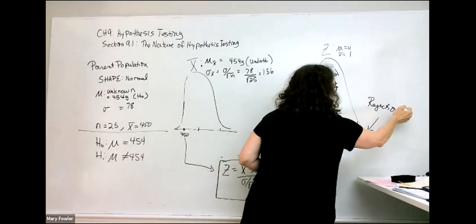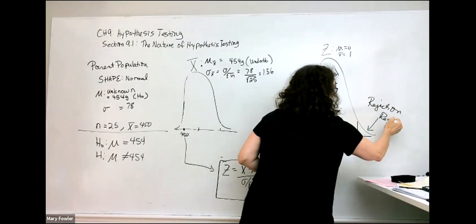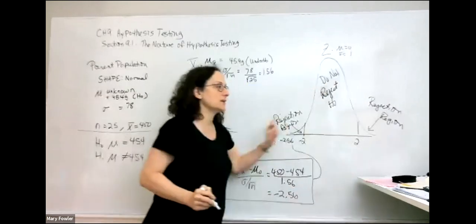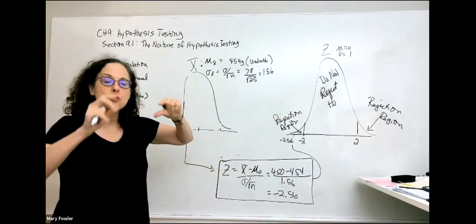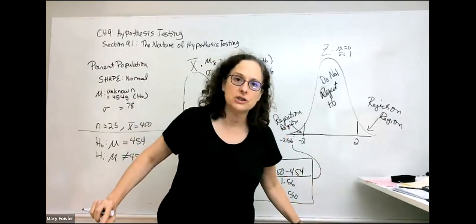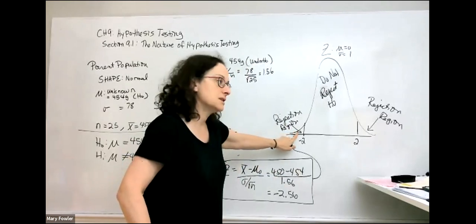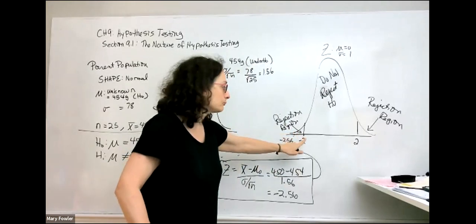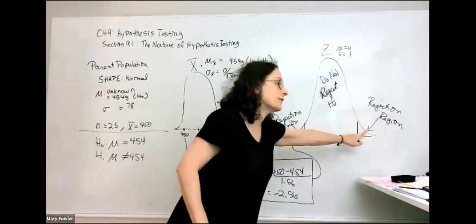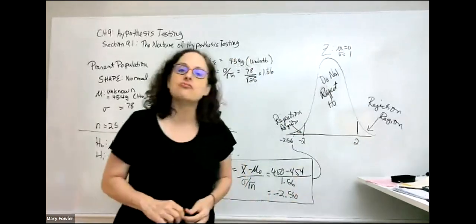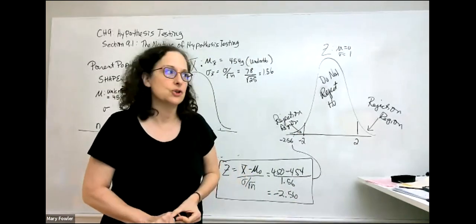It's a 2-tailed region, which makes this a 2-tailed test. So there's our 2-piece rejection region. We would reject the null hypothesis if my test statistic came out over here, less than -2, or if my test statistic was greater than +2.